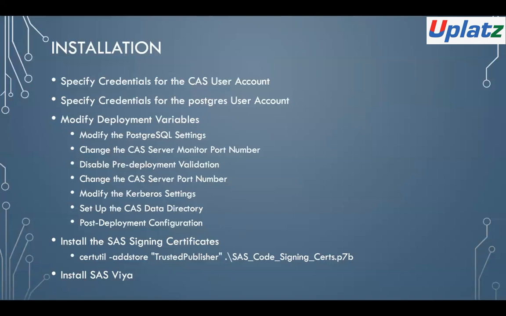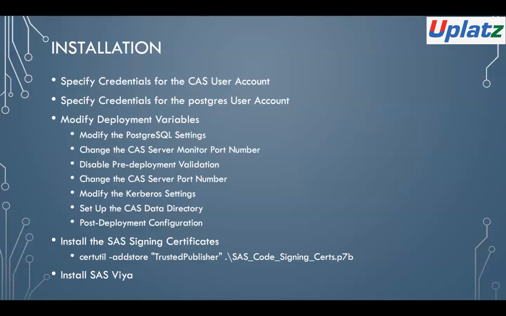And one final step before doing the installation is installing the SAS signing certificates. All the PowerShell scripts that SAS has given to you, as we discussed earlier, are not digitally signed. So we have to make them signed using the SAS signing certificate functionality.